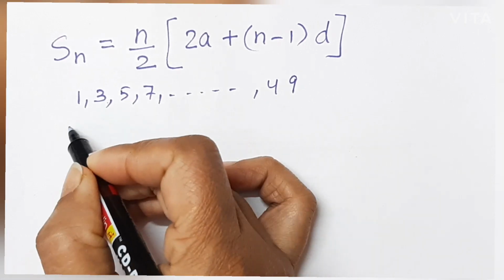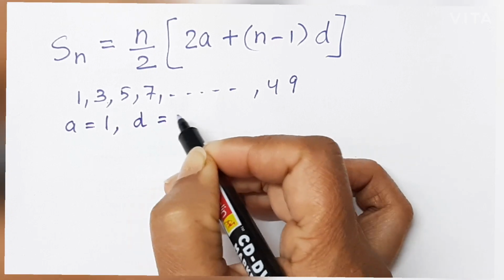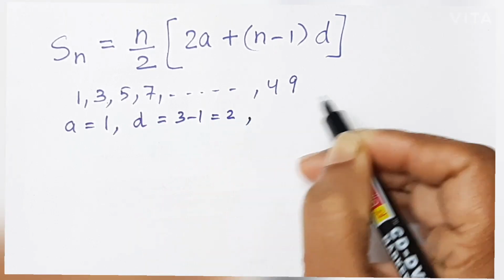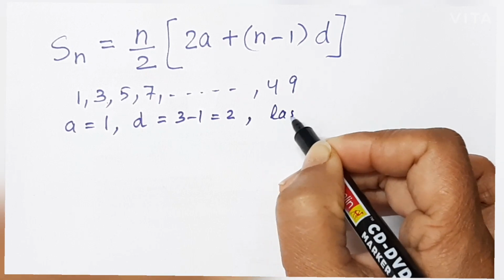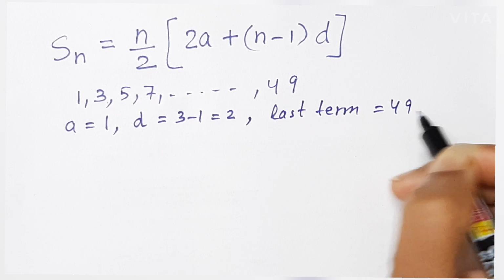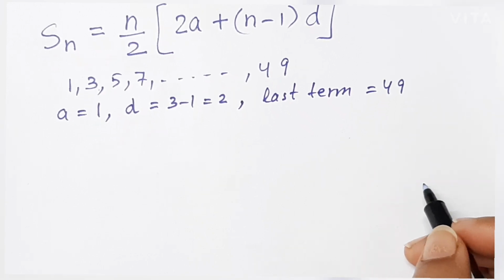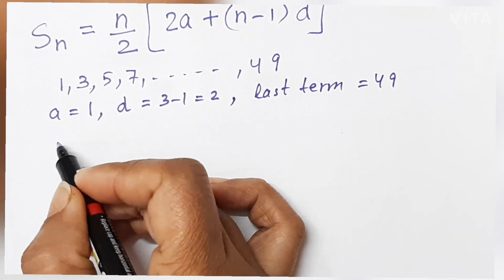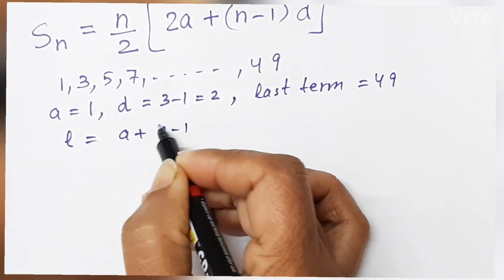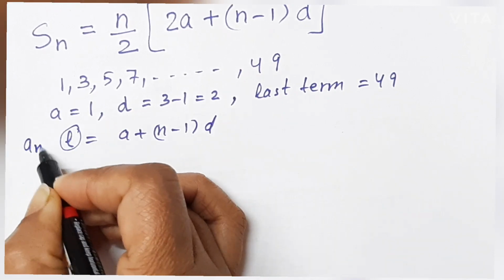So, we can write a is 1, d is 2 and the last term is 49, or we can say this is the nth term. Clear? So last term is equal to a plus n minus 1 d. Students, instead of l you can write it as an also.